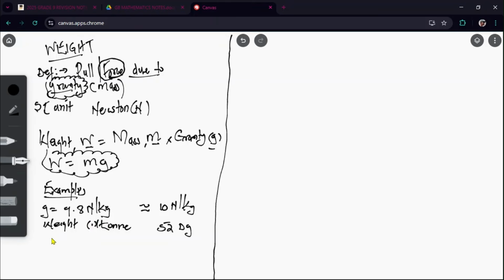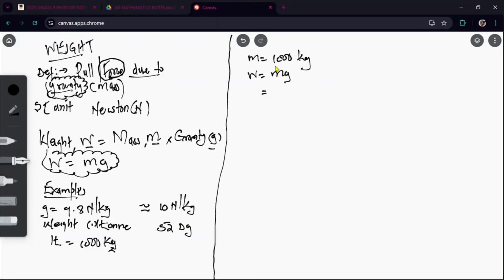So I know that 1 ton is the same as 1,000 kg. So this 1,000 kg is what I'm going to use. So here you have 1,000 kg, that is the mass. And I apply the formula that weight is equal to mass multiplied by gravity.